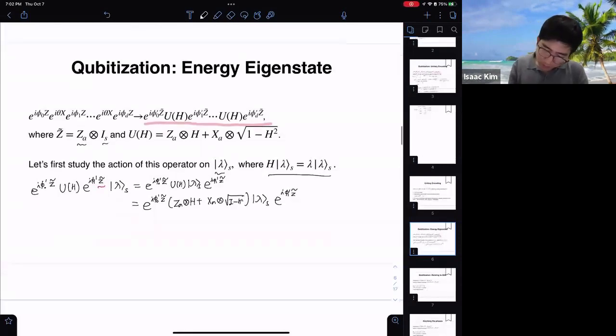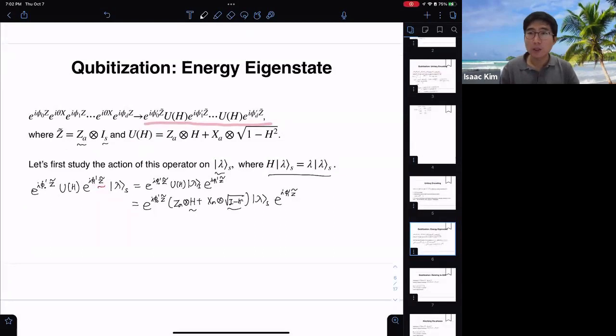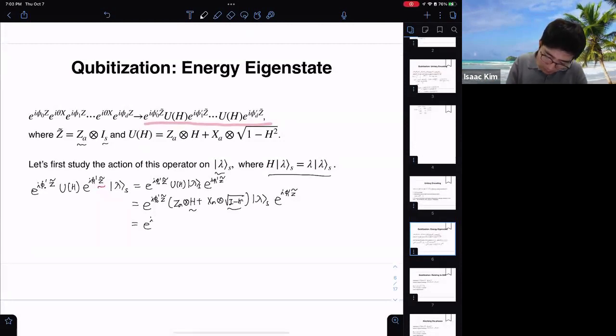This is nice because if we apply H, or the square root of I minus H squared, to lambda, what we end up getting is a single number because lambda is the eigenstate of these operators. And that just gives you ZA lambda plus XA square root of 1 minus lambda squared, times lambda S.